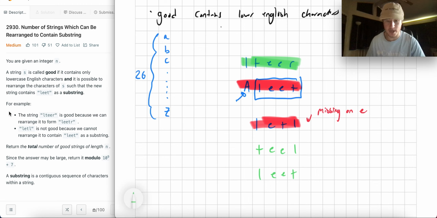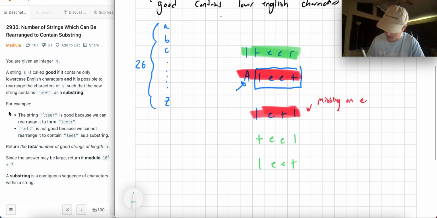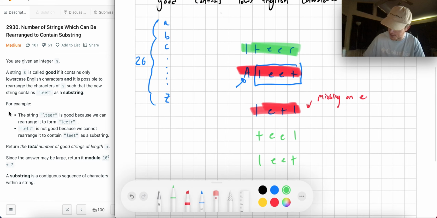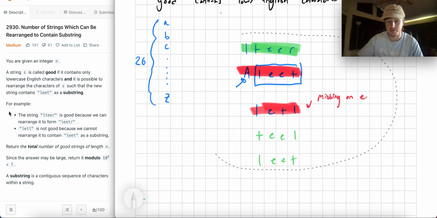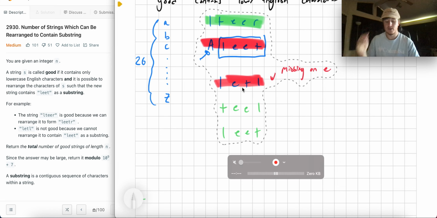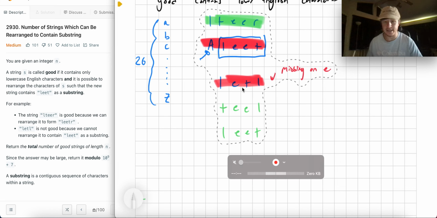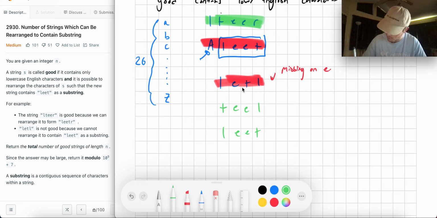Another way of stating this, so we're going to restate this in a way that can be used in our little statistics calculation, just from this kind of observation. In order for it to be good, all we need is, where am I going to put this? Only lowercase.